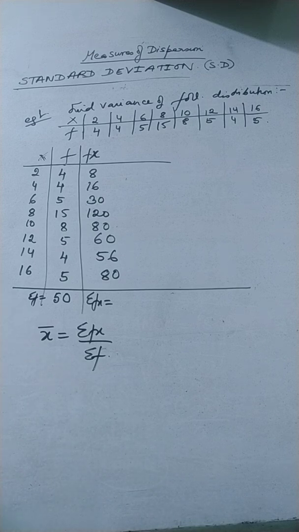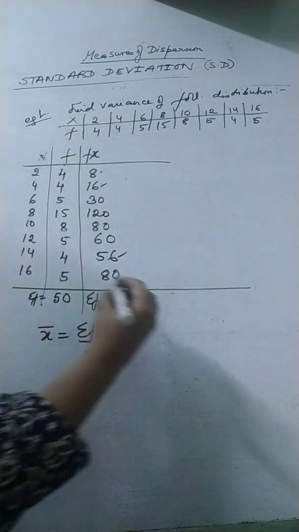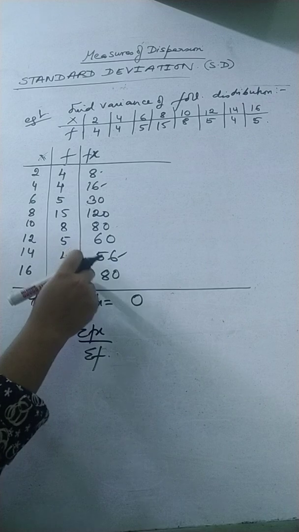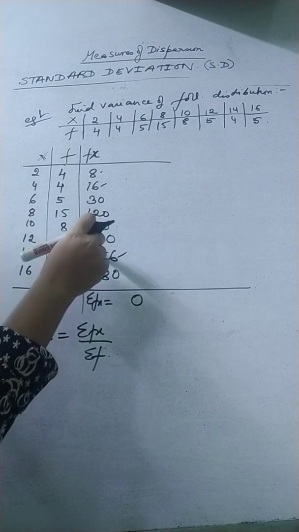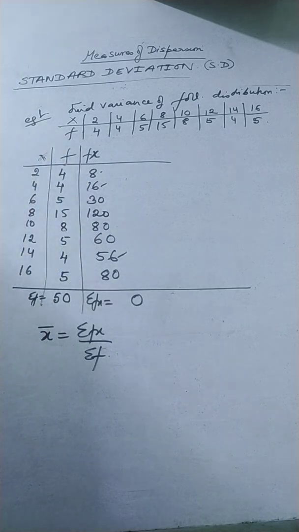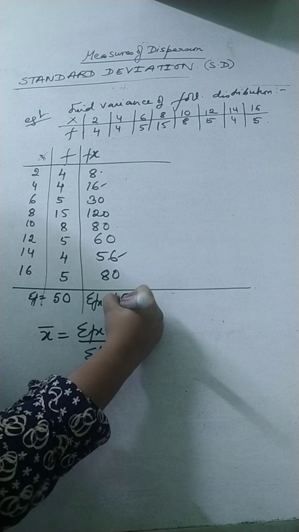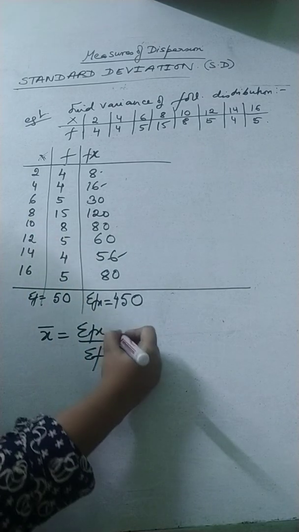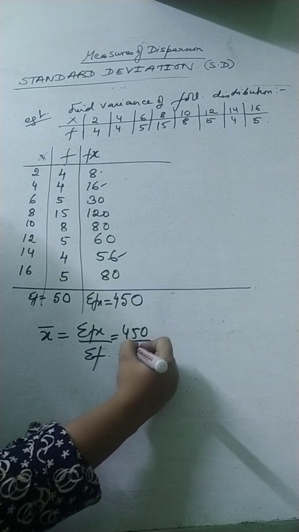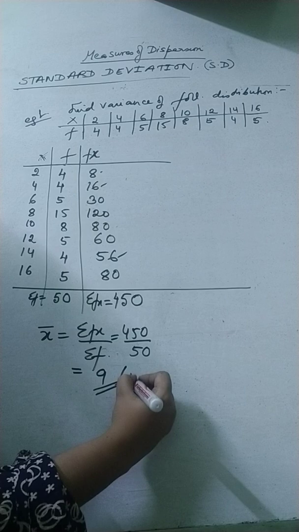It gives 450 by 50. Is it an integer? Of course it is. It is 9. So this is an integer.